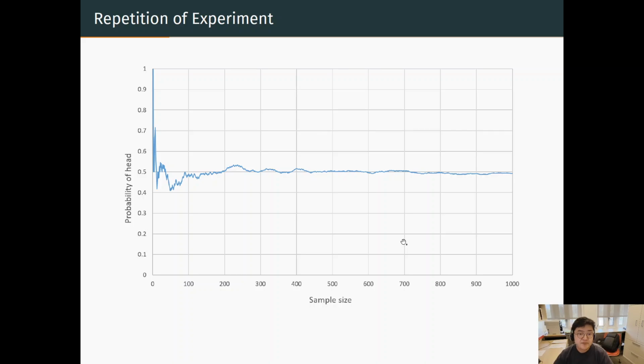Here is an example. Think about this coin toss. I said the probability of heads is 50%. But how do you know that? I don't know. Actually, that statement, 50%, is not a statistical result.